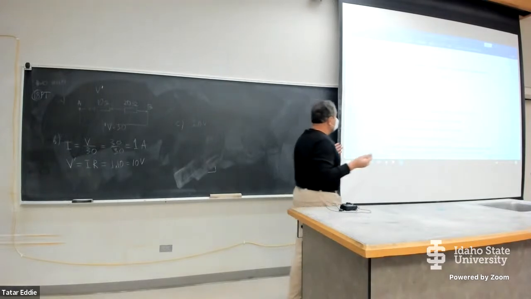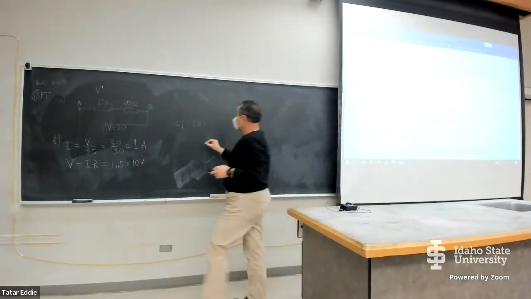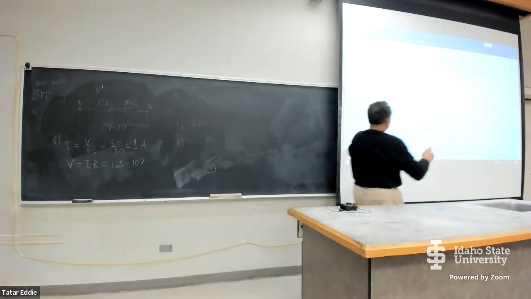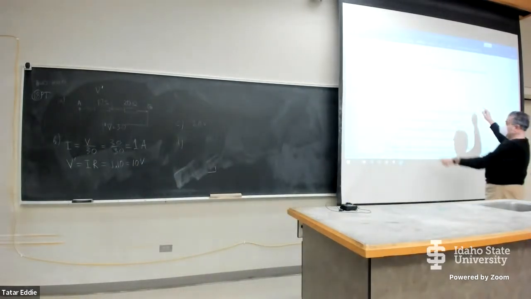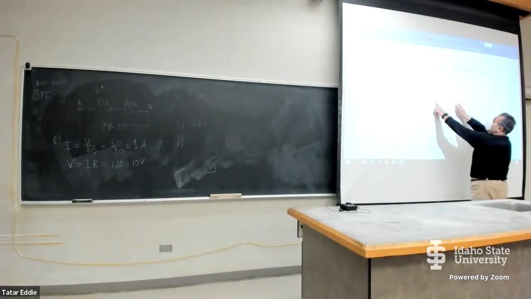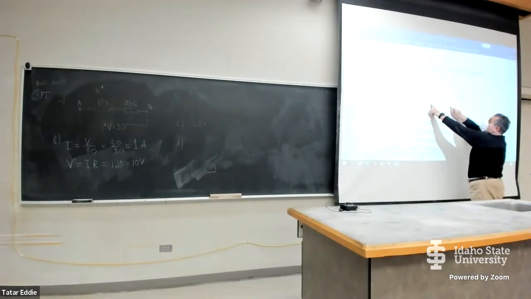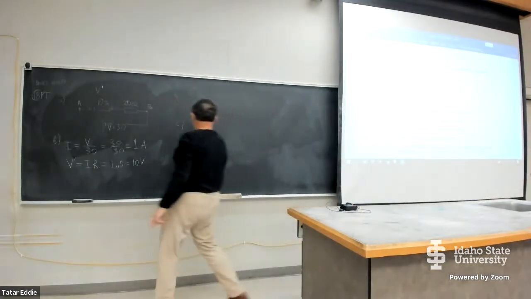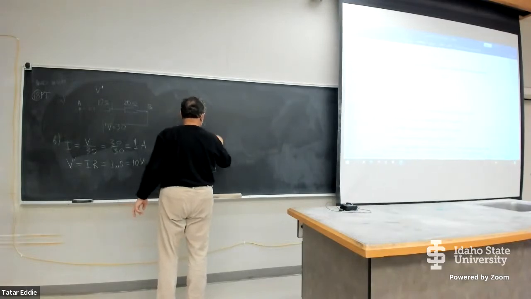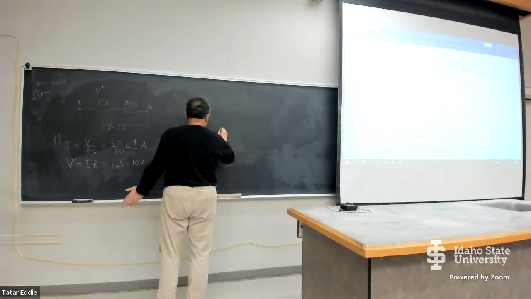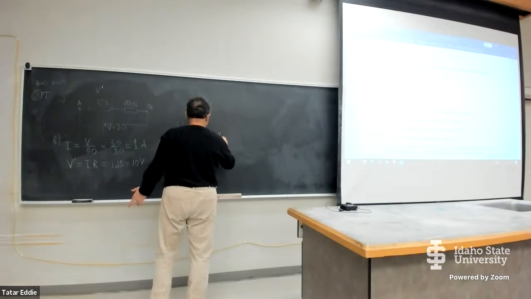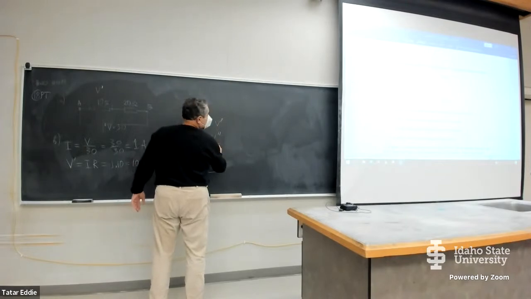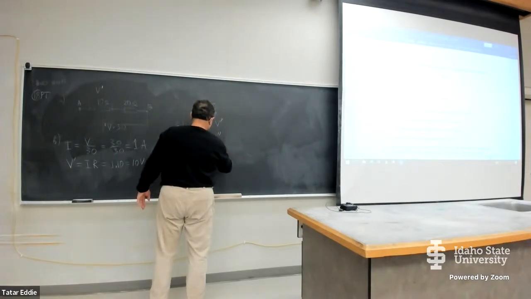And now look, part D follows immediately. Because if this is 20 volts, the current has to be the voltage V double prime divided by the resistance of 30 ohms.